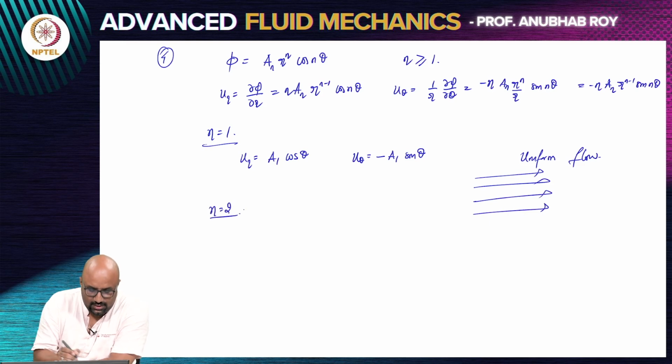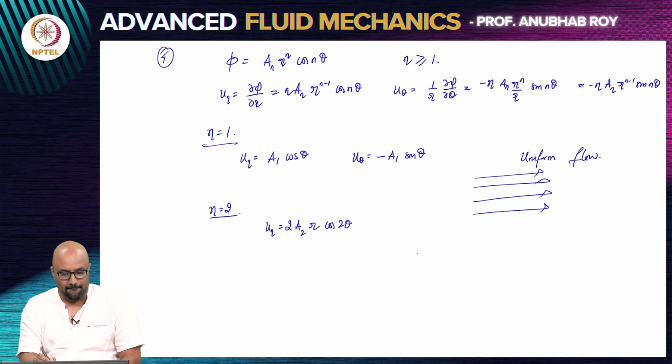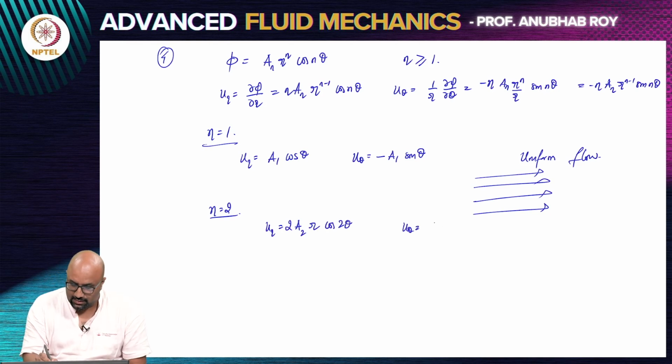N equals 2, this is a little more interesting case. So, U_r is now 2 A_2 r cos 2 theta. U_theta is minus 2 A_2 r sin 2 theta.